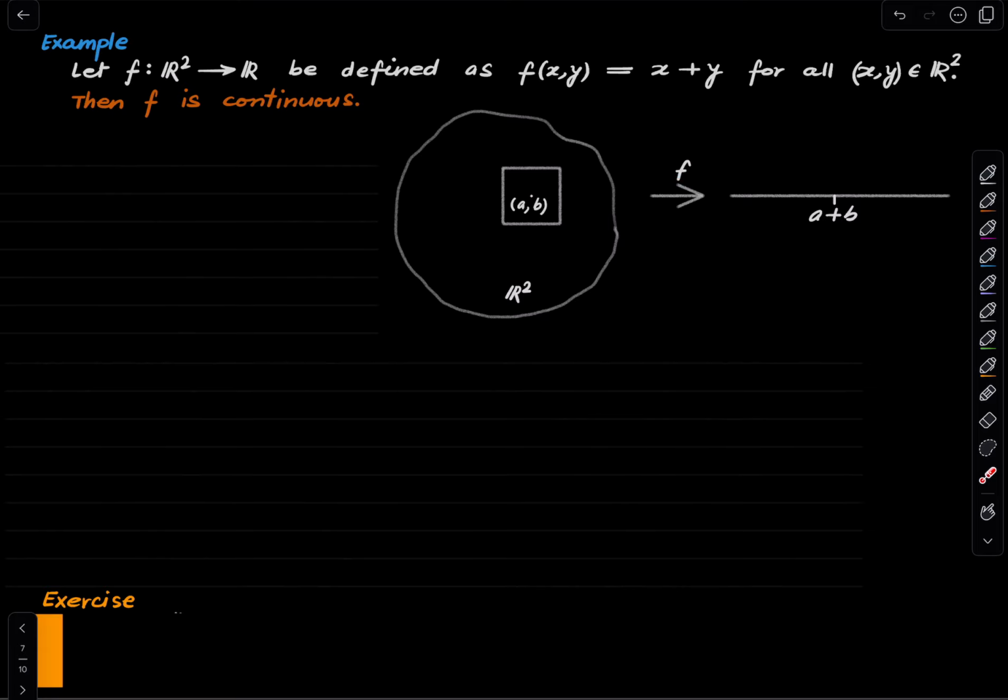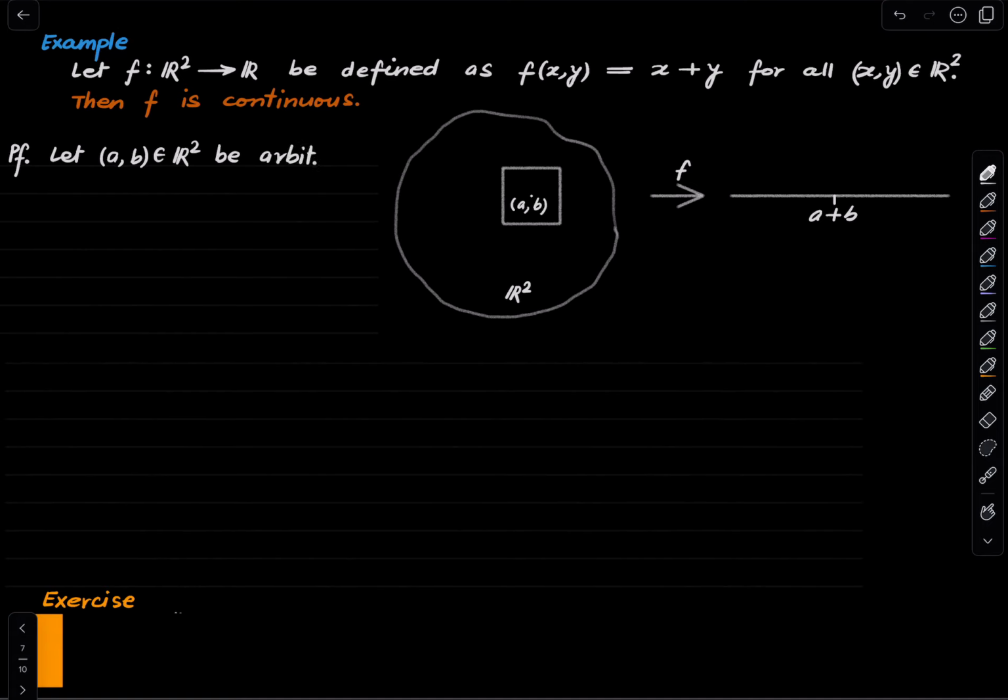This is not the only way to show the continuity of the function f. You may not want to give a pointwise argument. You may want to just take an open set in the reals and show that its pre-image is an open set, that is perfectly fine, but let me do it this way, the pointwise way. So let (a, b) be a point in R2, arbitrarily chosen.